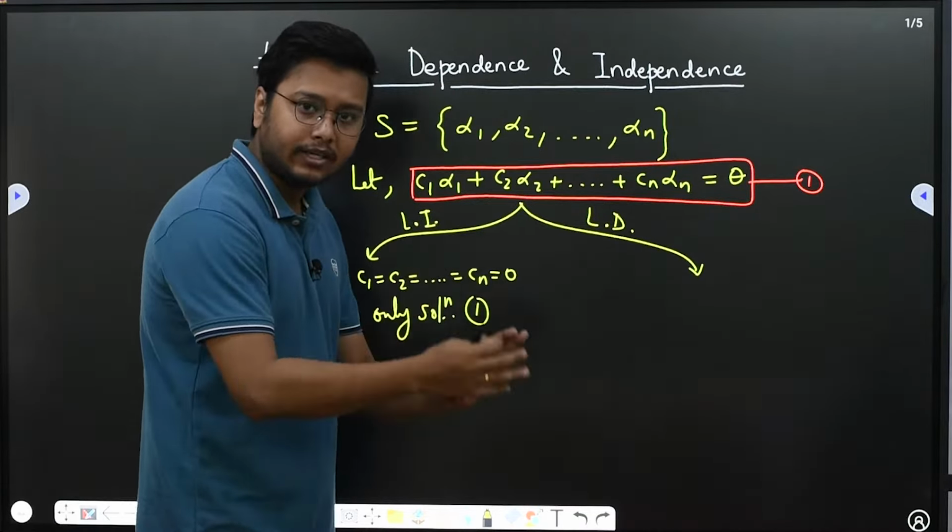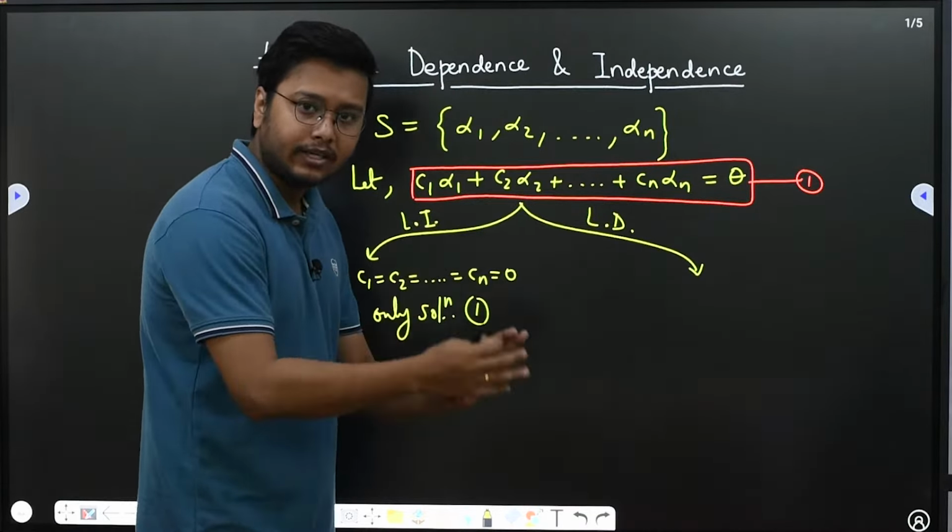If I take a subset of a linearly dependent set, it may be dependent, it may be independent, completely depending on the choice of the elements. Similarly, if I take a superset of a linearly independent set, it may be independent or dependent, depending on the choice of elements.